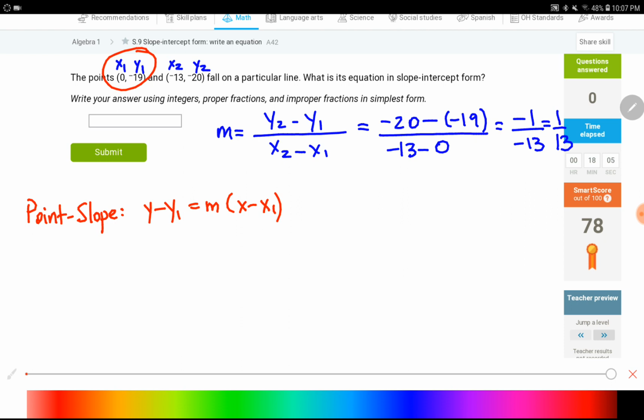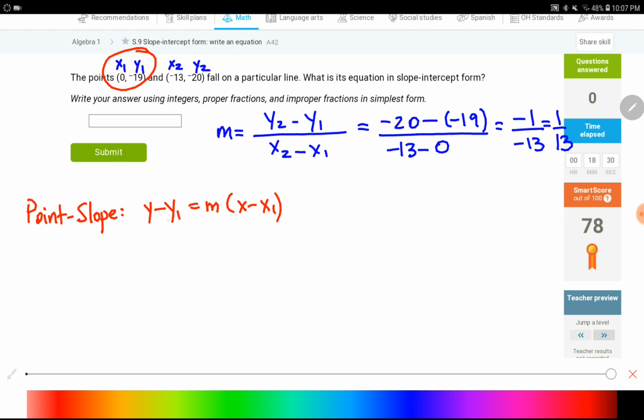It doesn't matter whether it says x1, y1 or x2, y2. These x1s and y1s just mean that those coordinates belong to the line. That's all that means. But I'm still going to use that x1, y1. Once again, you can use negative 13, negative 20 as well. It would not matter at all.